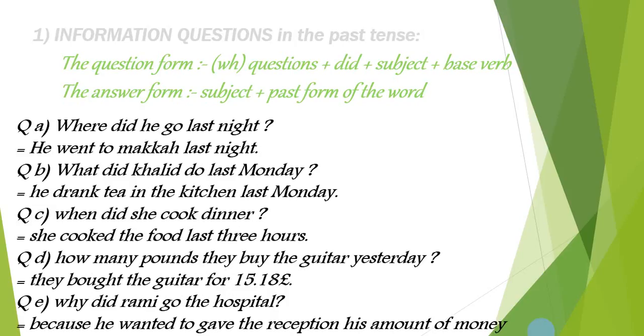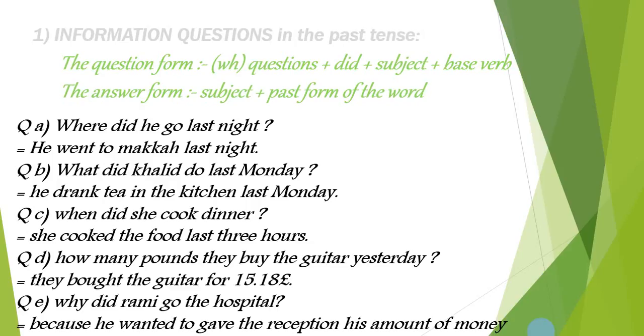Where did he go last night? As you see, in the question form, I told you that it will be the base verb of the word, and in the answer we have to use the past verb of the word.